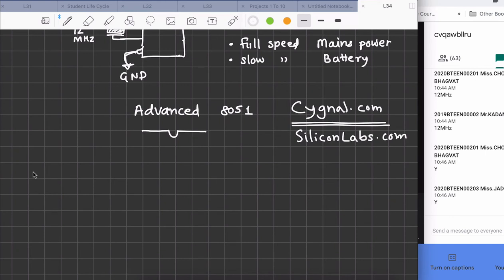I don't remember whether it is Silicon Lab or Silicon Labs, but they produce these advanced 8051s. Now what is advanced 8051? Please read about that. Learning basic 8051 in class is fine, but we need to know that there is something called advanced 8051.